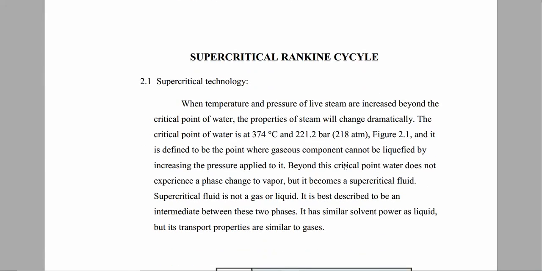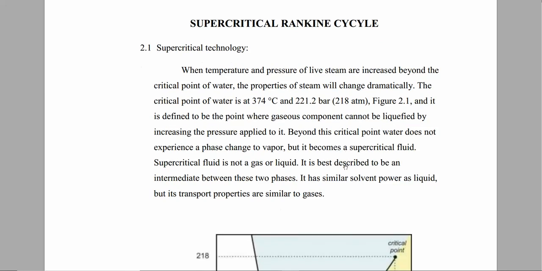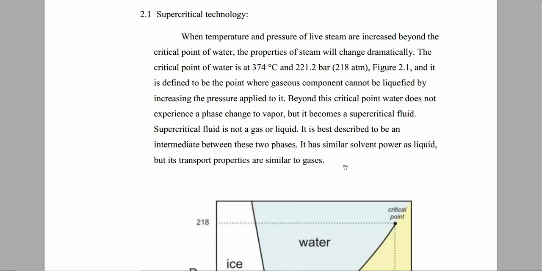Now let's come to our topic, that is the supercritical Rankine cycle. In supercritical technology, when the temperature and pressure of live steam are increased beyond the critical point of water, the properties of the steam will change dramatically.